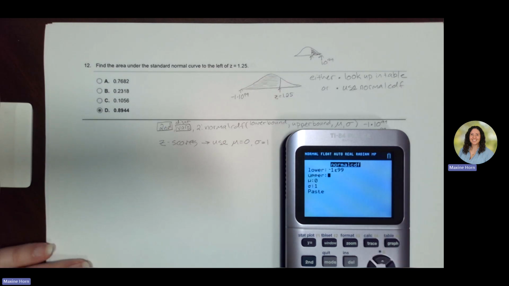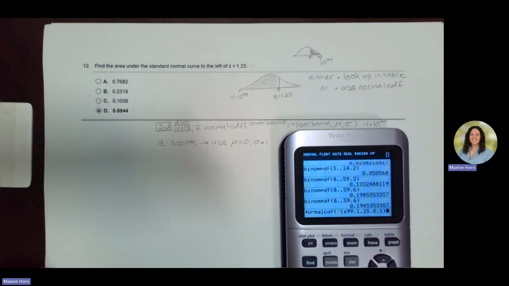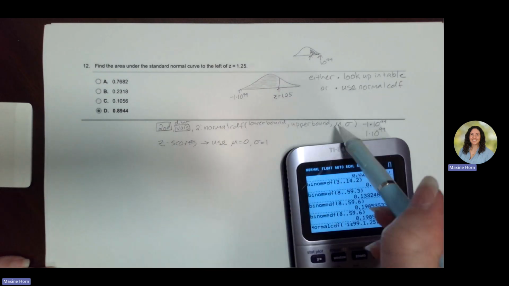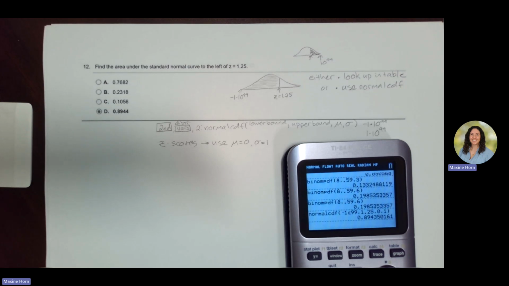My upper bound is the z-score that I've been provided, 1.25, and I'm going to leave my mean and my standard deviation as 0 and 1. So again, this is what it would look like if you had the TI-83, where you just plug the numbers in, separating them with a comma, in the order of lower bound, upper bound, mean, standard deviation, and then we hit enter. And again, if you round that to 4 decimal places, as all of these answers are, you're going to get 0.8944.